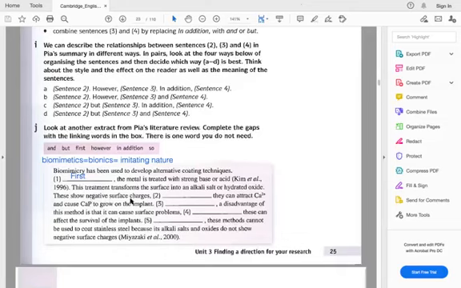These show negative surface charges. GAP, they can attract calcium and cause calcium phosphate to grow on the implant. So here it will be so.